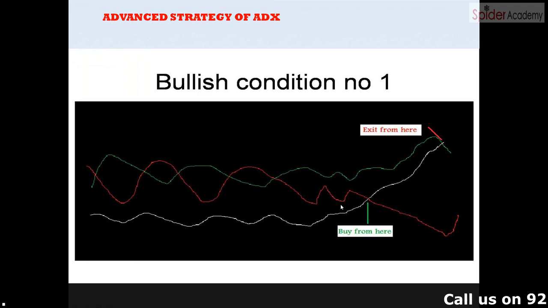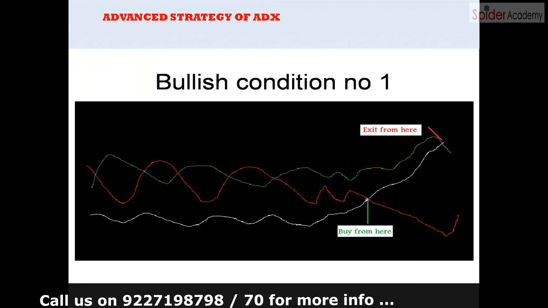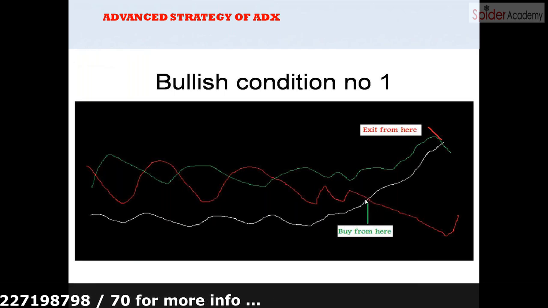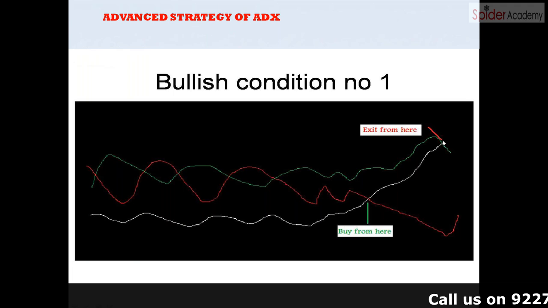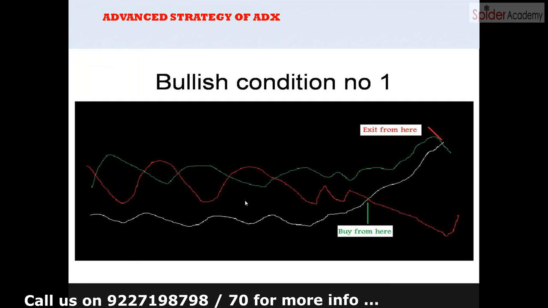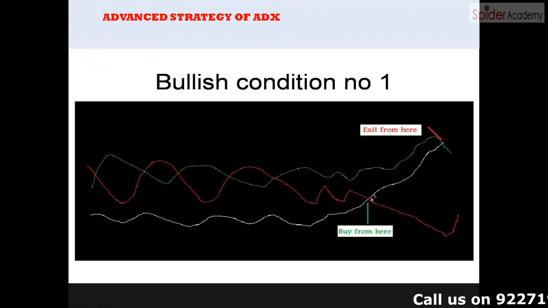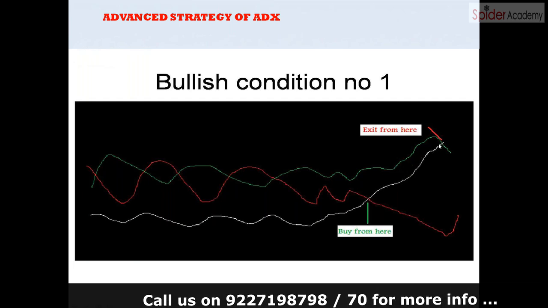Green is above red and the ADX line is below, and the ADX line should cut the red from below. This is buy signal, and the ADX line when it cuts the green one above, it's the exit. I will repeat, green red के ऊपर है, ADX नीचे है, दोनों के ADX नीचे से red को कट करता है, buy. अगेन ADX ऊपर जाता है, स्टॉक प्राइस भी ऊपर जाता है, फिर अगेन जब ग्रीन को ऊपर कट करता है, एग्जिट.